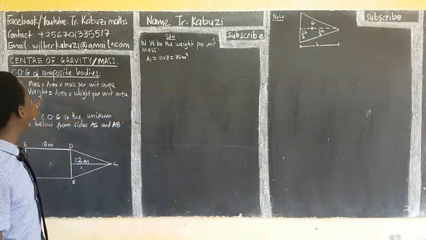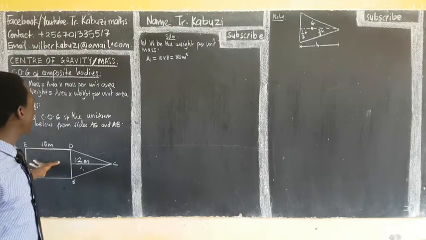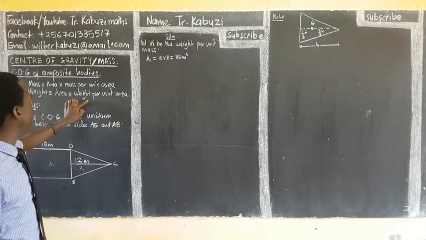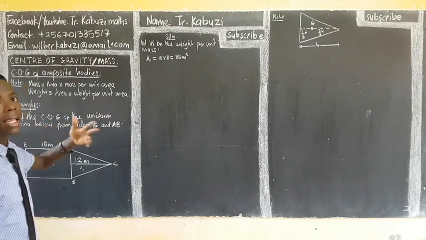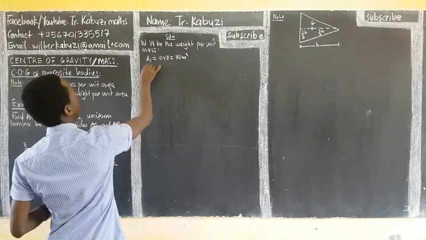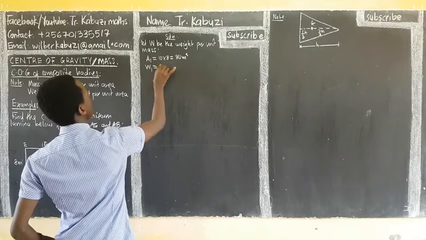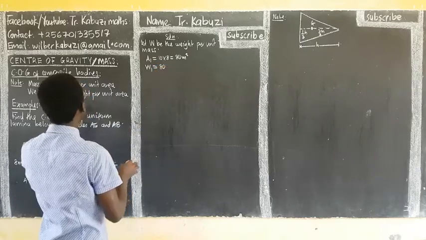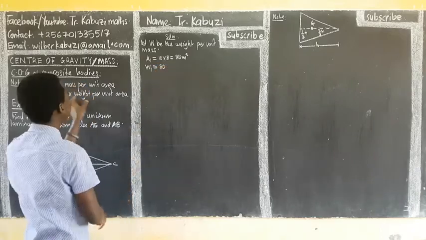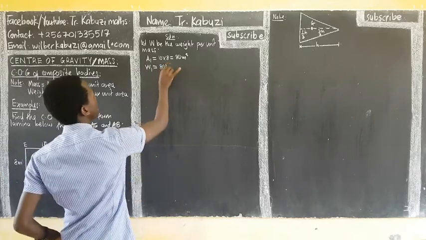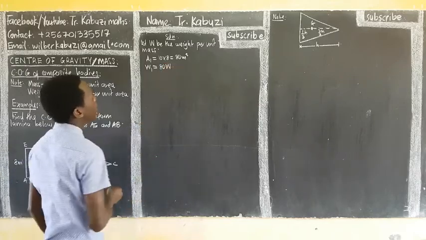Why? Because I want to get the weight of this laminar. It means that I will get the area times the weight by unit area, so that I can get the weight. So my weight 1 is going to be the 80 times the weight by unit area, which I'm saying is W.